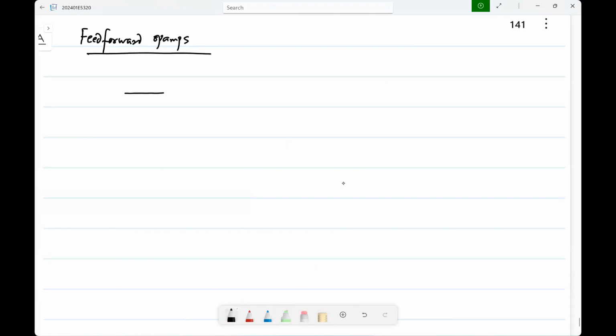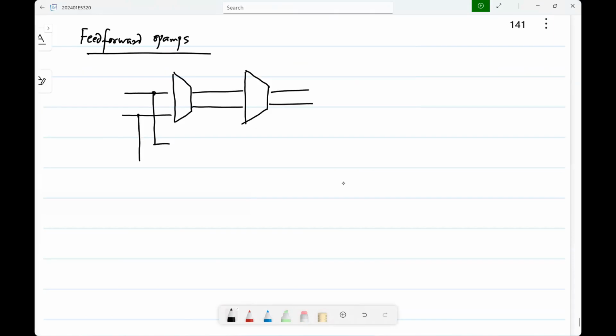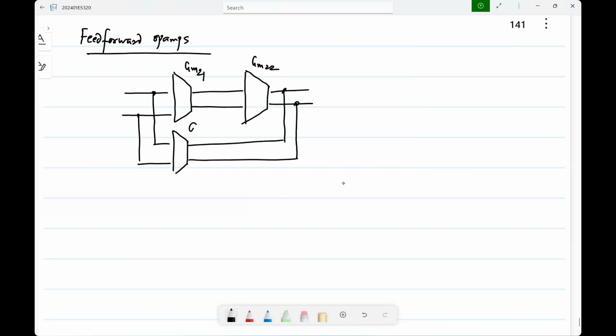Now I'm going to draw a picture of a feed forward fully differential op amp.